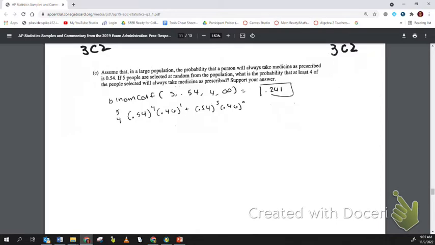All right. So I'm going to get rid of their work so that I can have room for mine. How many people are we talking about? 5 people.